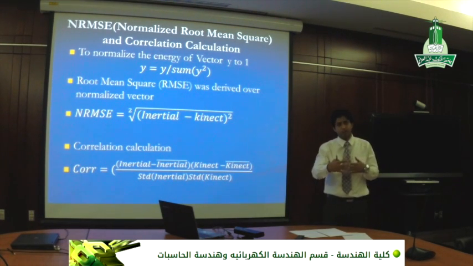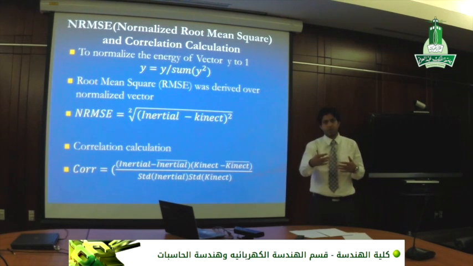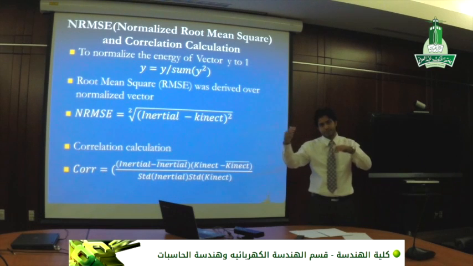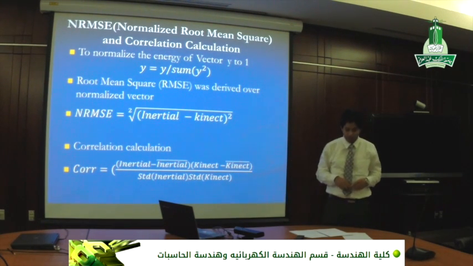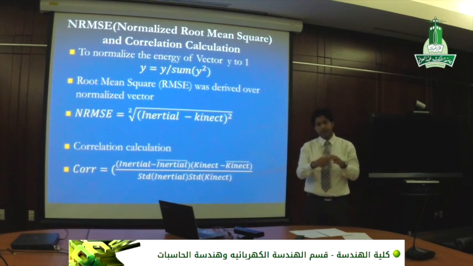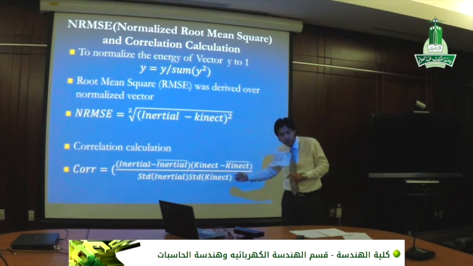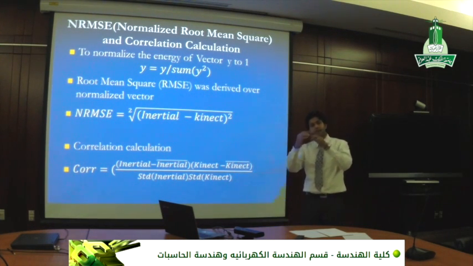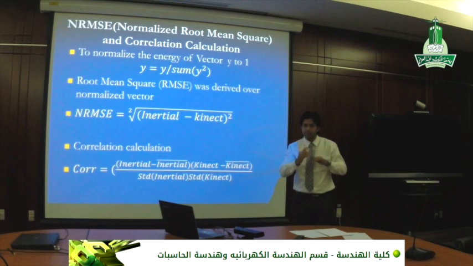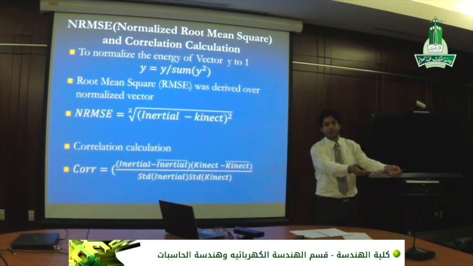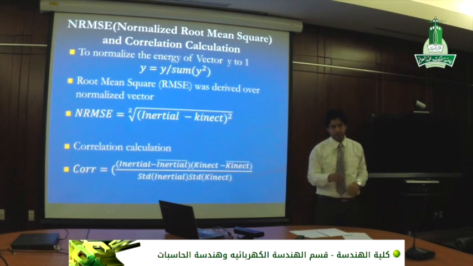To correlate the two different kinds of signals, we used interpolation to fill up the missing points which arise when we are scaling them up. Then we moved to the next step of getting the normalized root mean square error and then the correlation values. Those values were not taken independently and fed into the system. We did all of this pre-processing in the coding.